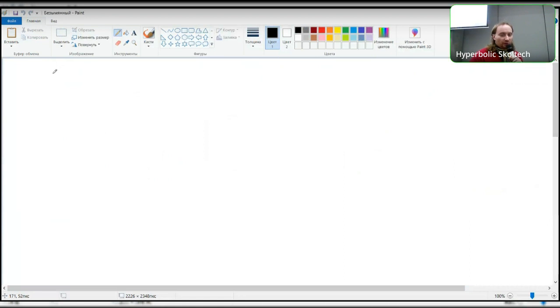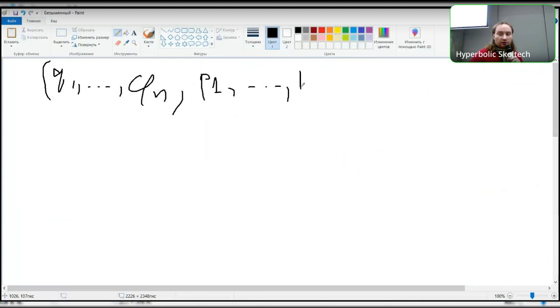Then we have coordinates of our points, let's name them Qi, and also some momenta for these points, let's call them Pi. And usually in physical laws, at least those that I know, we can solve this.